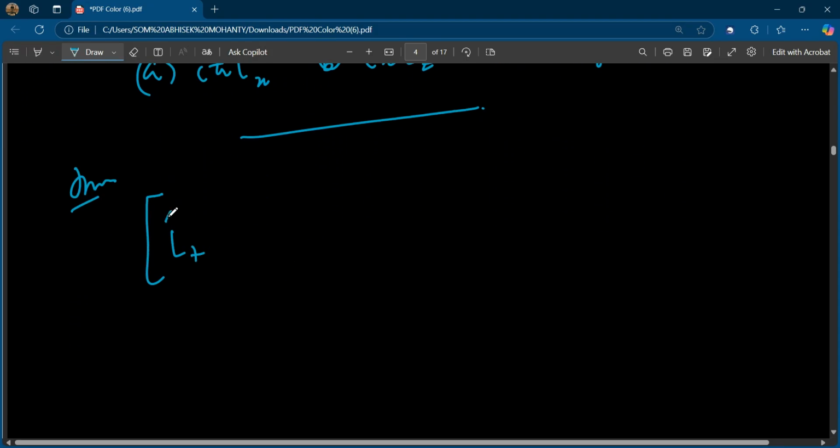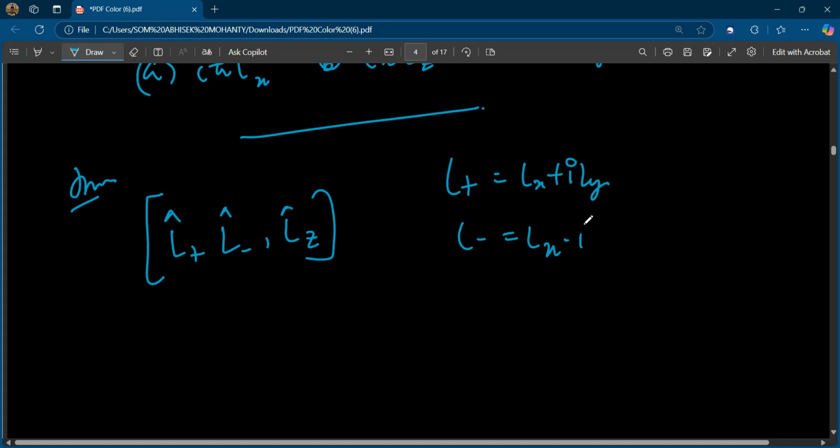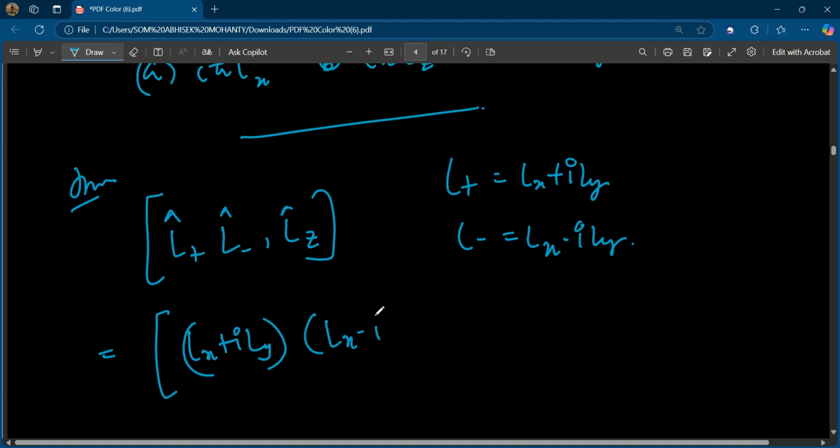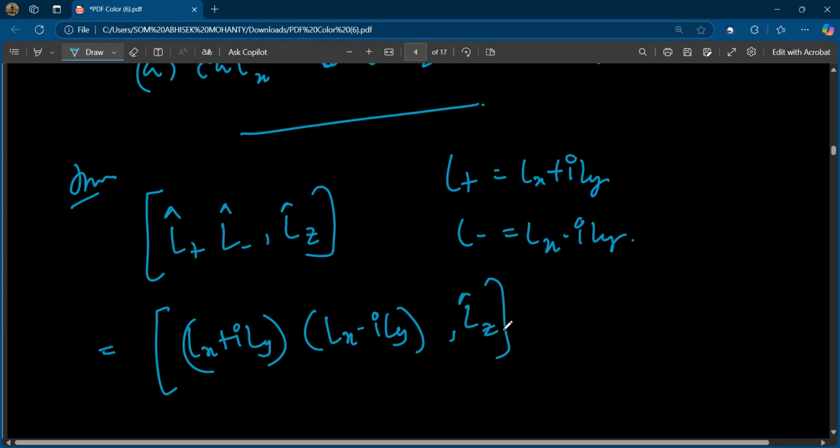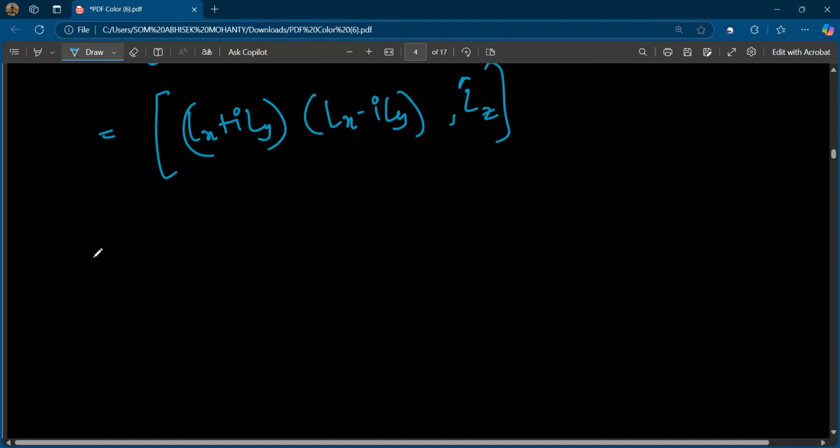Let's open L plus, which we know is Lx plus iLy, and L minus is Lx minus iLy. Forget the caps. So it will be Lx plus iLy, Lx minus iLy, and Lz, which is simple. So we can multiply them.